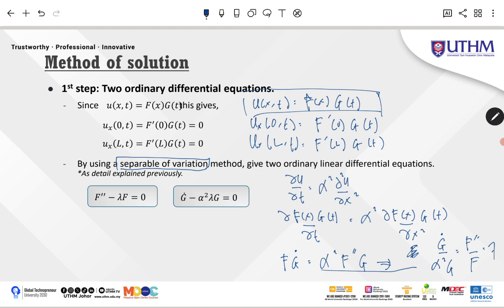We arrange it into two differential equations: this one is second order and this one is first order.